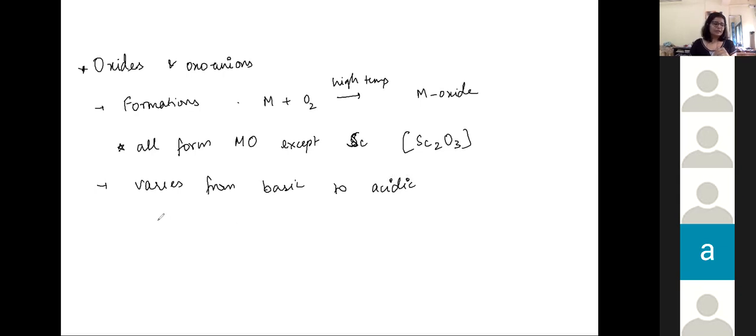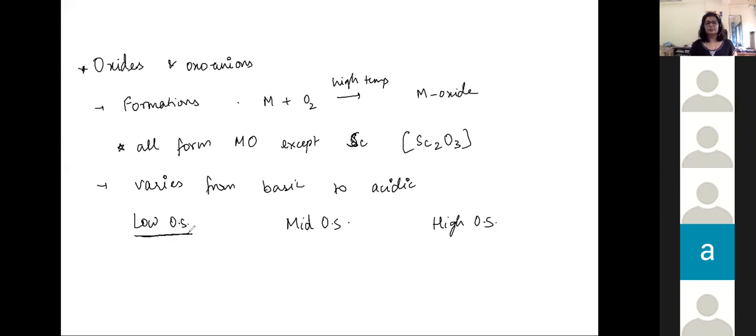So let's divide the oxides into 3 categories: low oxidation state oxides, mid oxidation state, and high oxidation state. Now, what can you say about the low oxidation state?